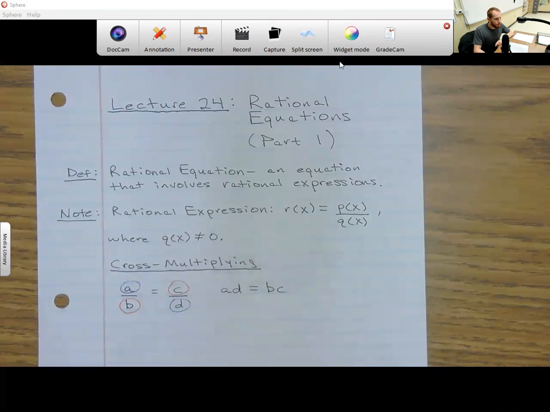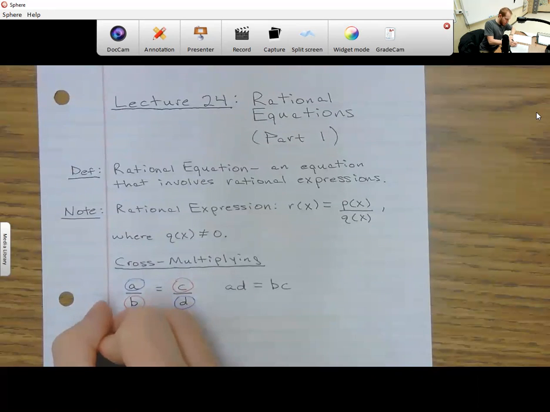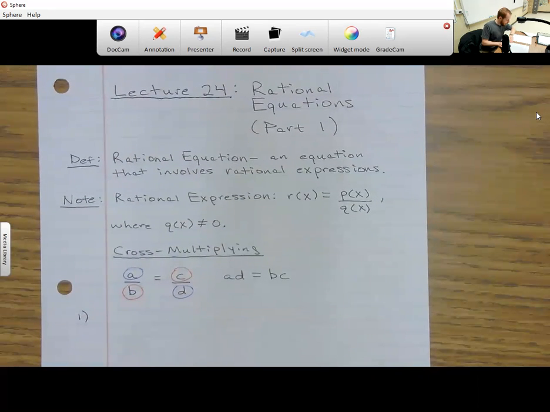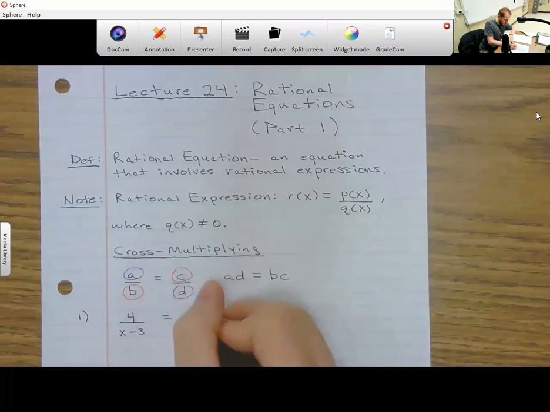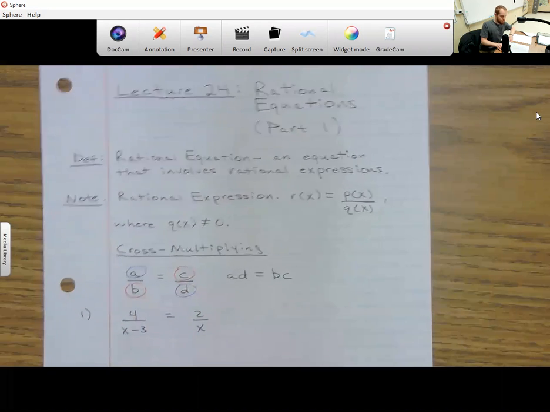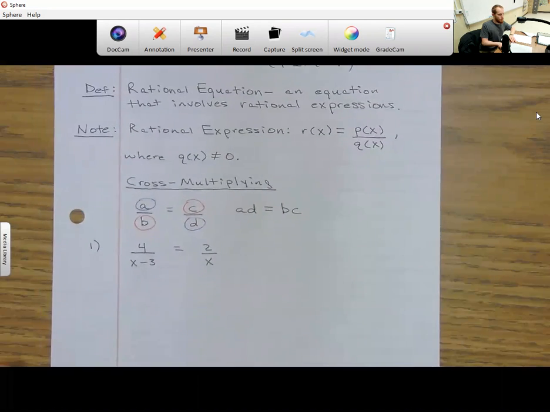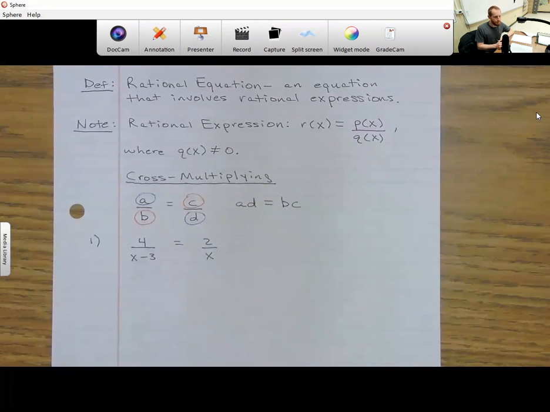Okay, so let's look at an example of this from the problem sets. Let's look at number 1. This is 4 over x minus 3 equals 2 over x. For this one, I've got a fraction on the left and a fraction on the right, and this cross multiplying trick only works when you have one fraction on each side.